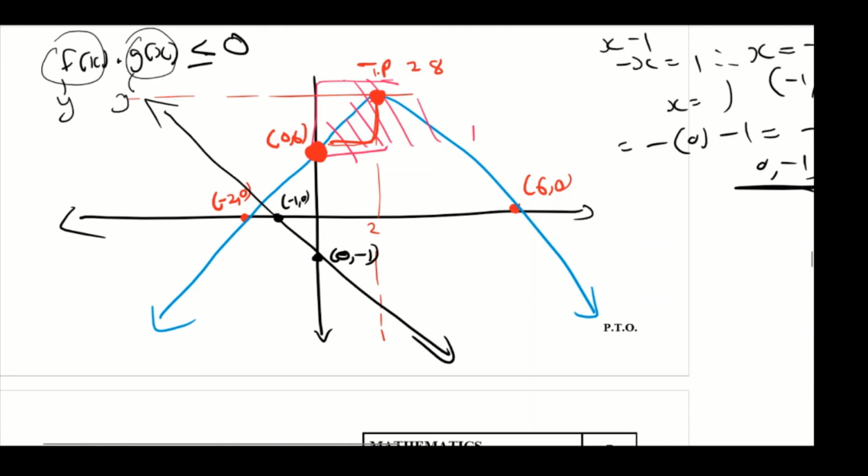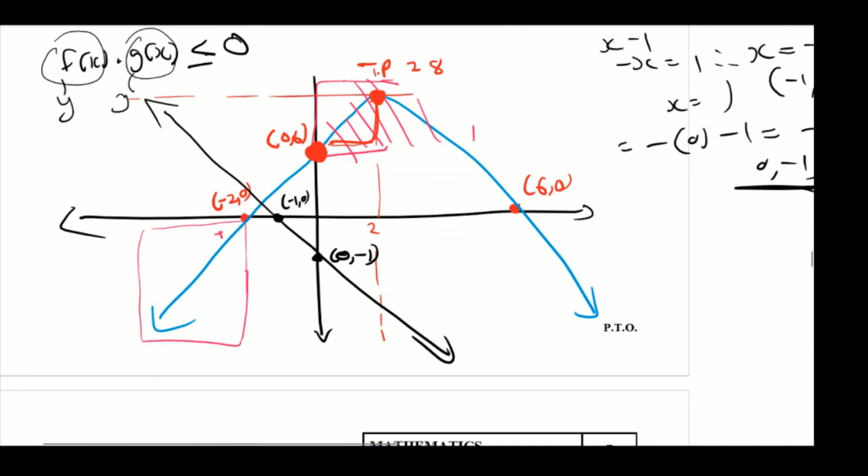So you're going to look where your graphs multiply each other, or where the signs are.